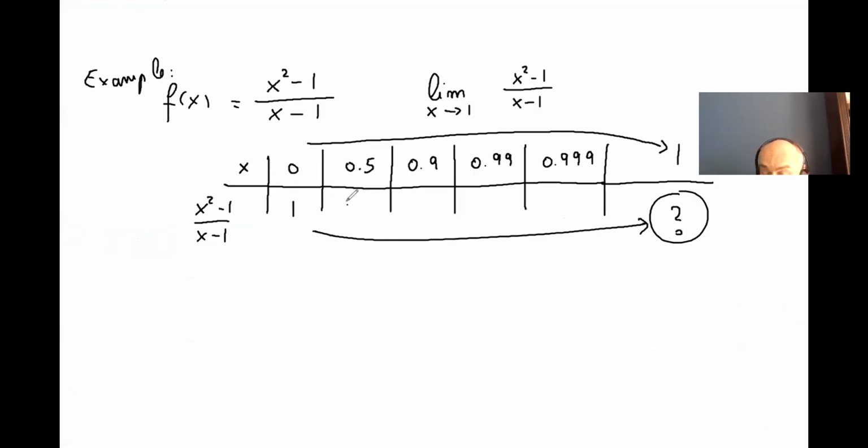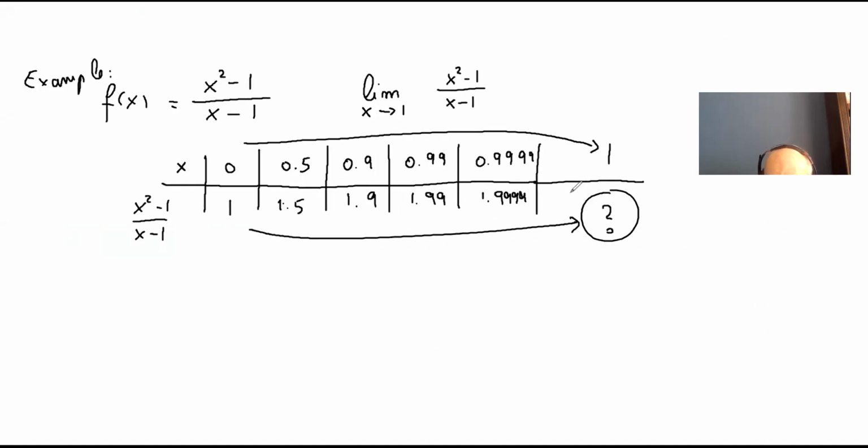When x was 1.5, this is 1.9, and this is 1.99, and for this number here, 3 or 4 nines, I don't remember, 1.999 and such. So yeah, this limit is going to go to 2.